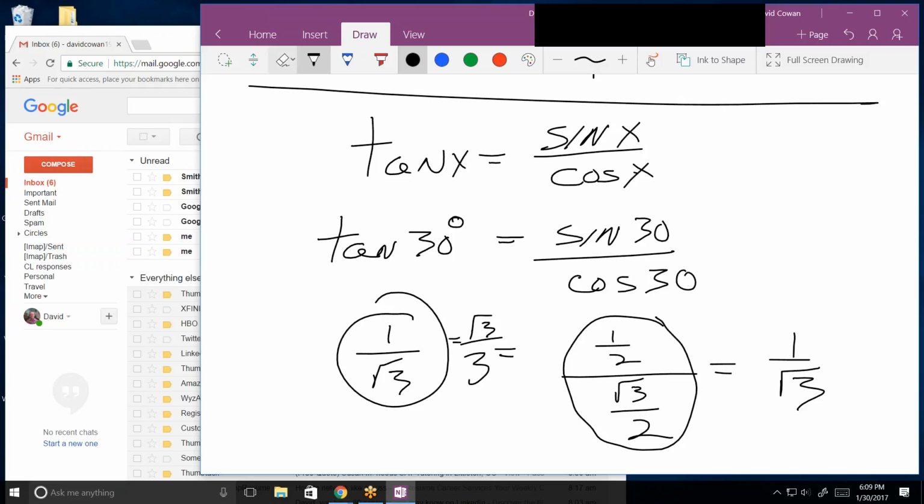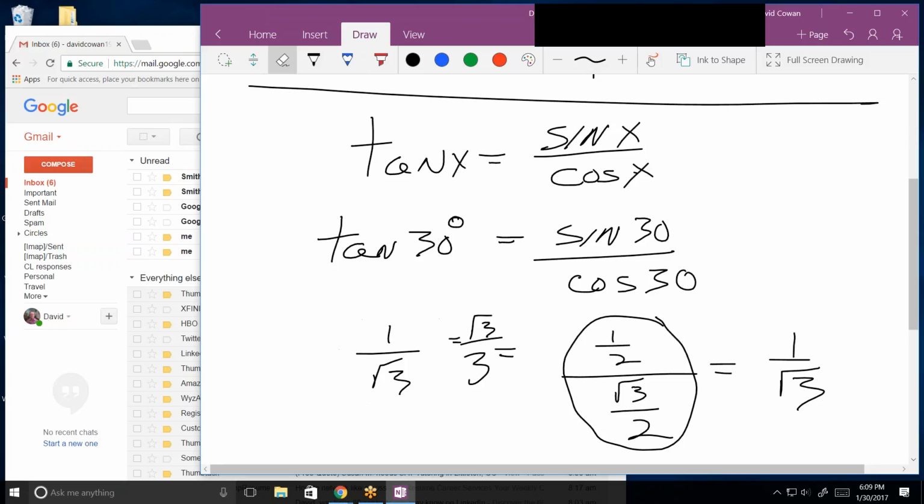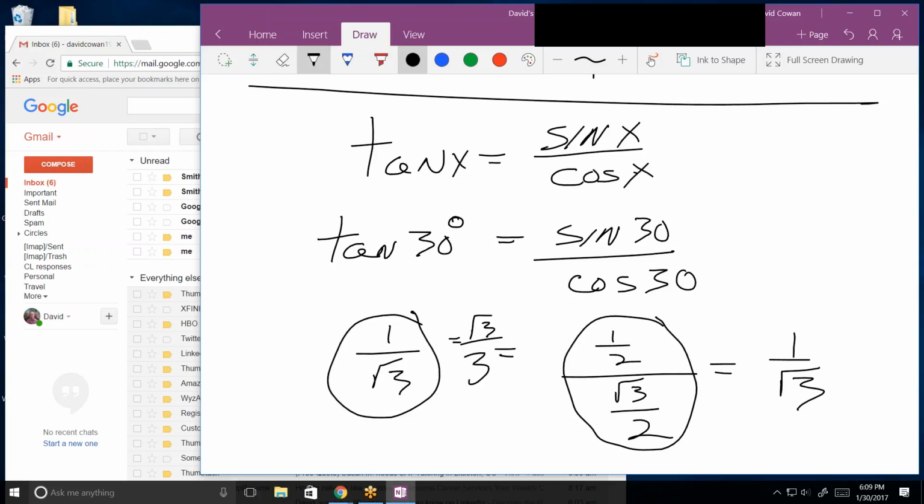But when you get to trig, you realize that because so much of trig is reciprocals, the moment I rationalize that, now if I'm talking about cotangent, I'd rather I hadn't rationalized it. In other words, if tangent's 1 over root 3, that means cotangent is root 3 over 1, which is great. If I rationalize it first, and now I try to figure out cotangent, that's 3 over root 3, and I have to rationalize it again to get root 3.